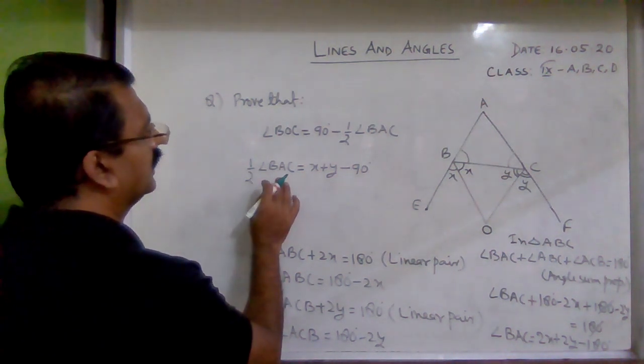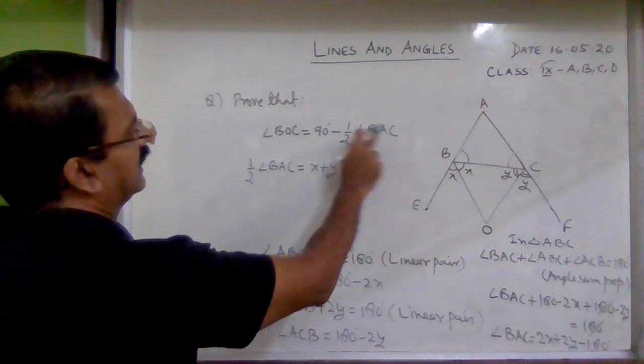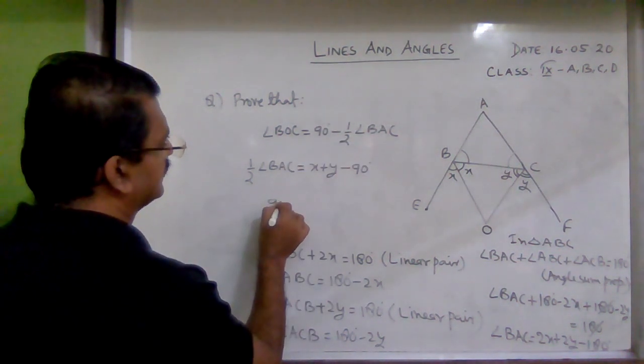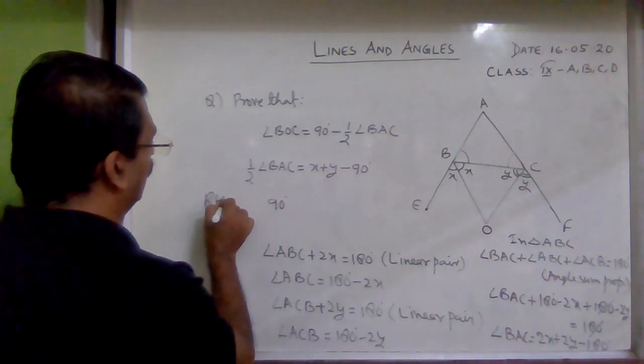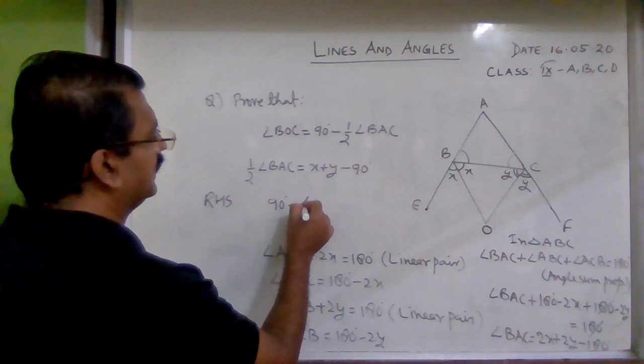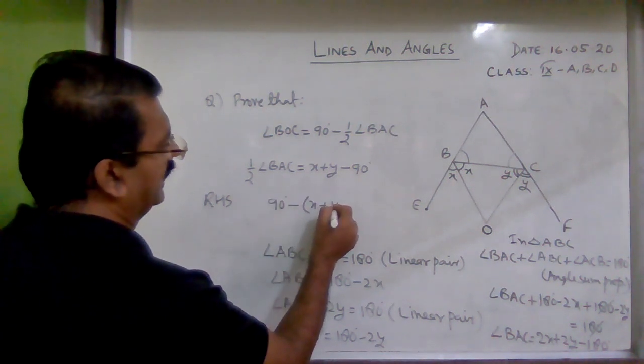Now you put this value in the right hand side of the question. 90 minus half angle BAC means 90 minus (x plus y minus 90).